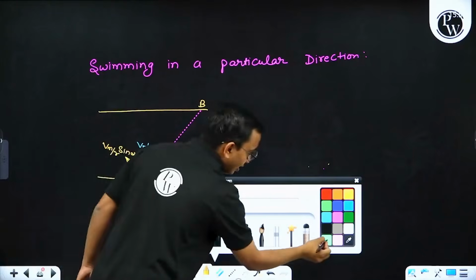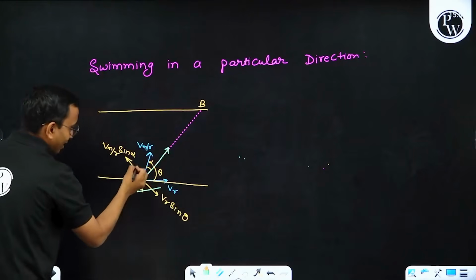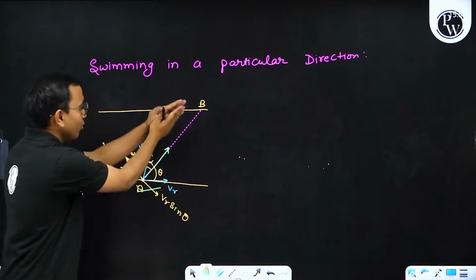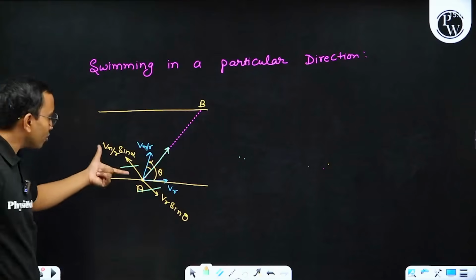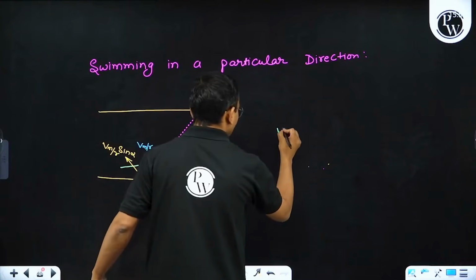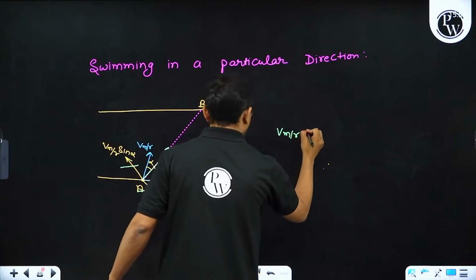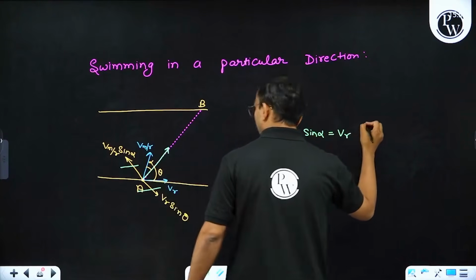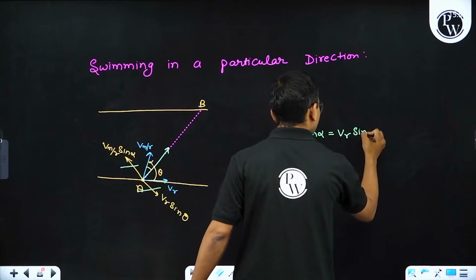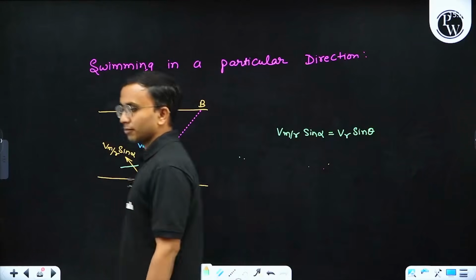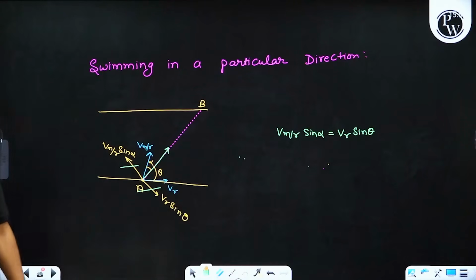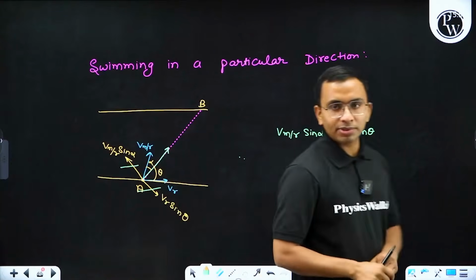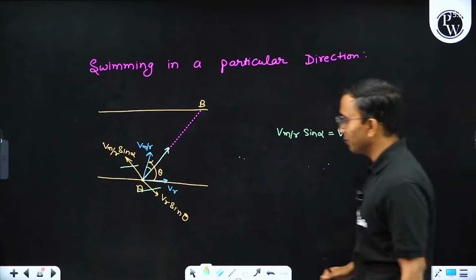When these two cancel each other, then only the resultant will be along that direction. So to swim in that direction, velocity of man with respect to river sin alpha is equal to velocity of river into sin theta. Getting this concept? Okay.